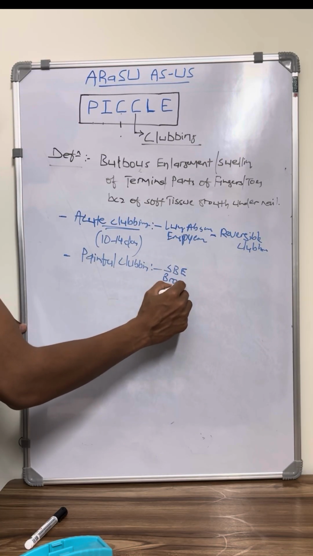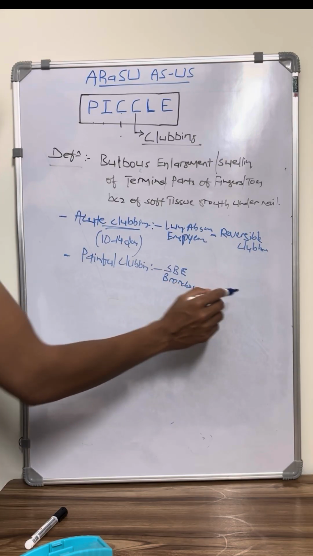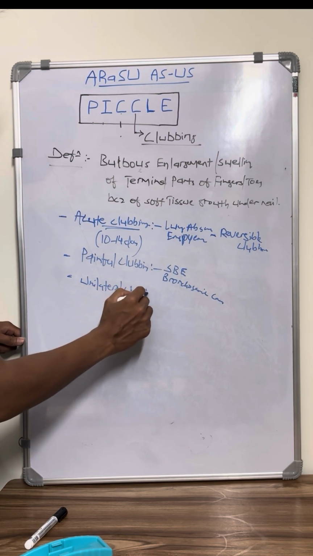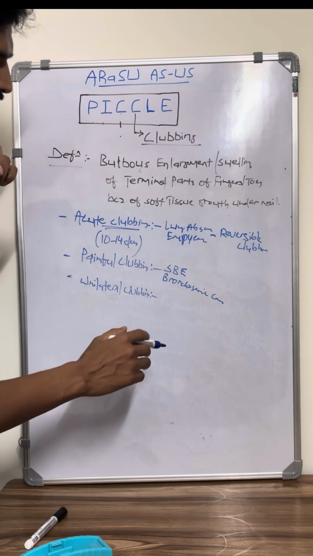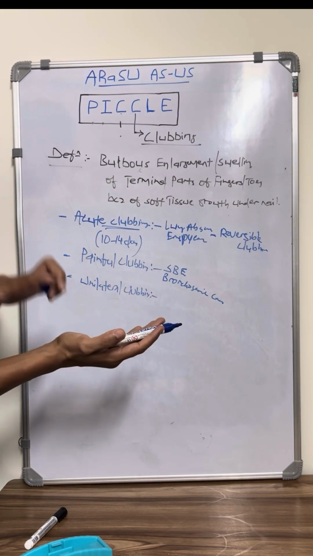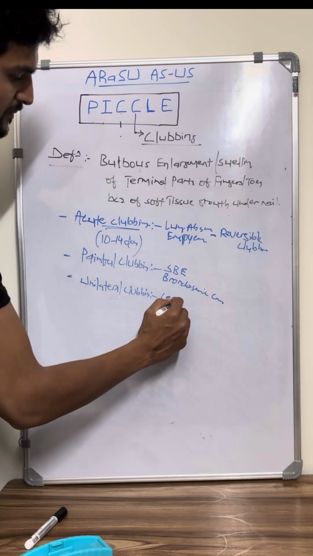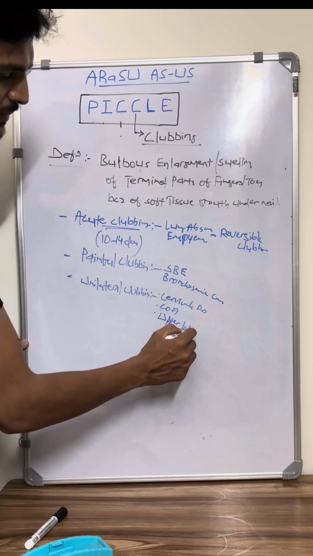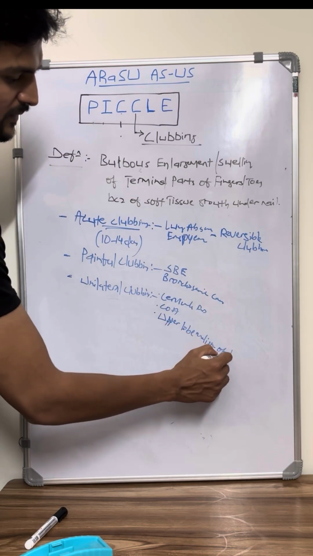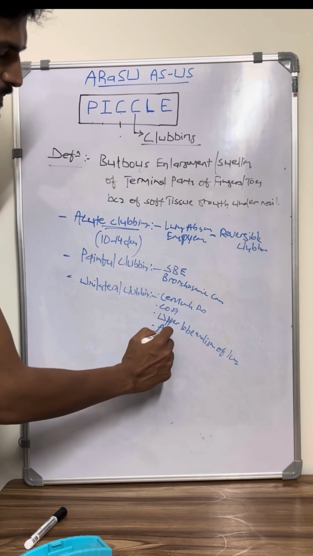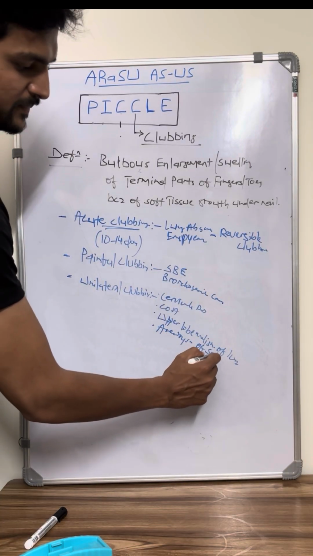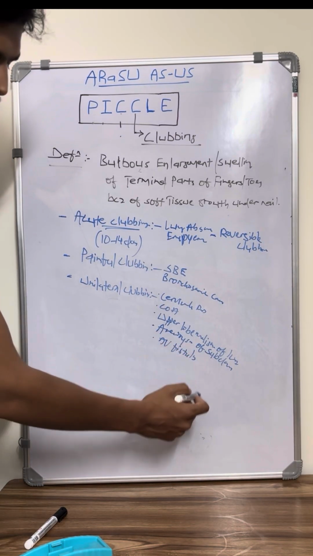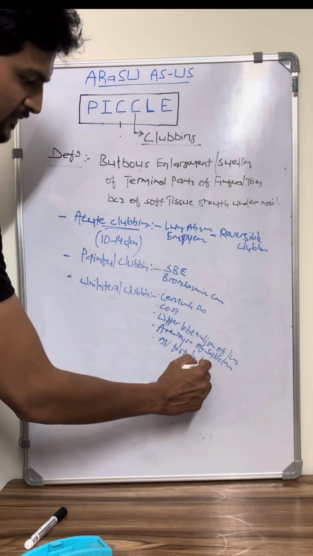Clubbing because of bronchogenic carcinoma might be painful. Then unilateral clubbing. Mainly any obstruction to the blood flow to the distal part on one side, for example cervical rib, coarctation of aorta, upper lobe malignancy of lung, aneurysm of subclavian artery, or some AV fistulas of the vessels in the arm, that is brachial vessels.